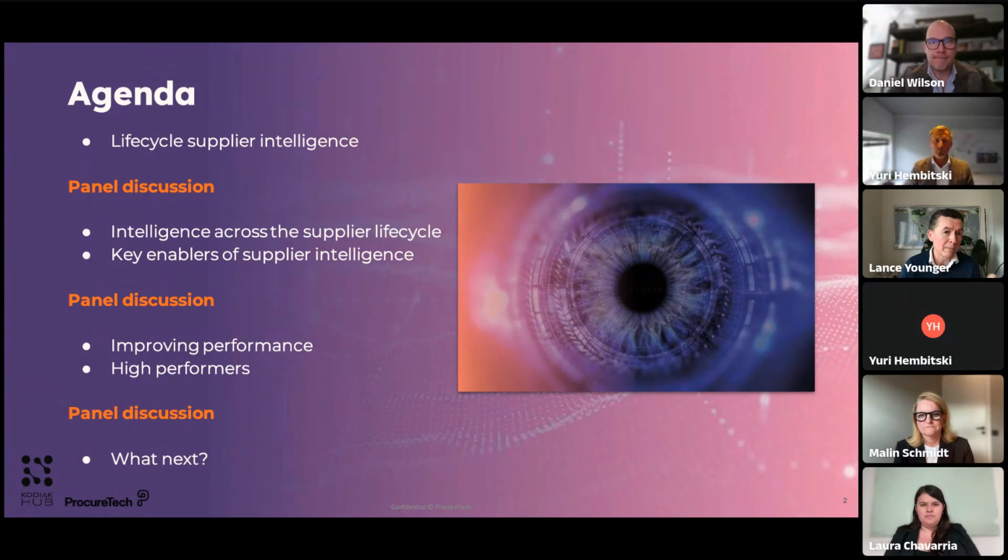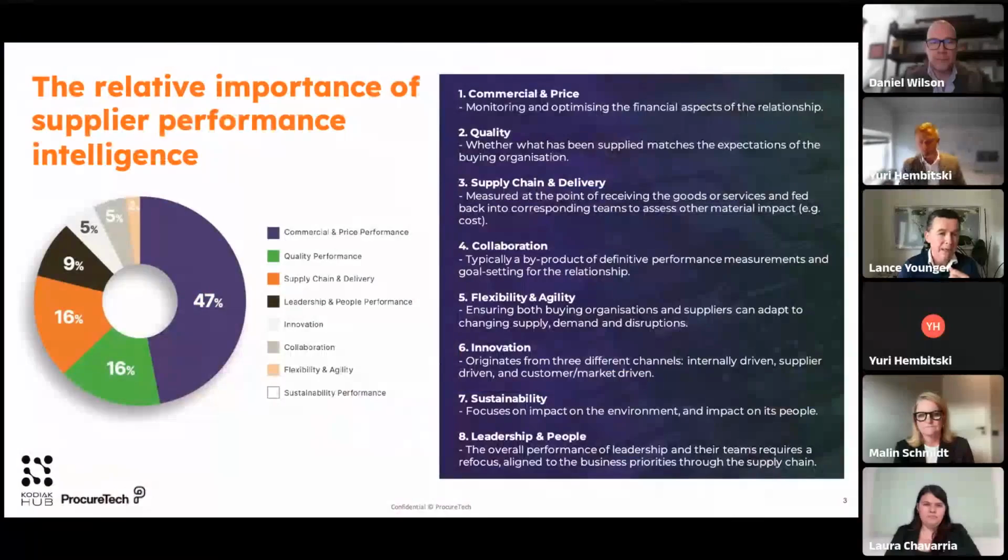So first of all, let's talk about supplier intelligence and what it is. So basically, procurement has grown, as we know, over the last few years to cover a lot of different domains. And in turn, the data that flows from our suppliers into procurement, into the business, has expanded as well.